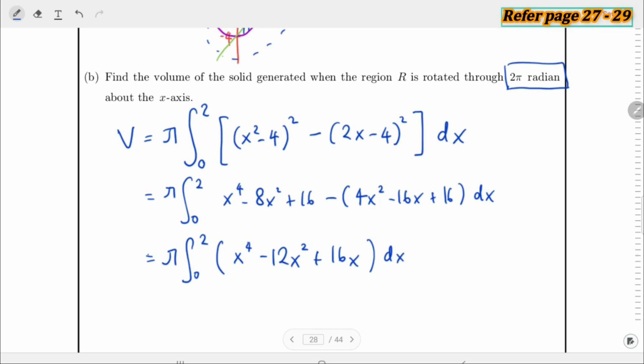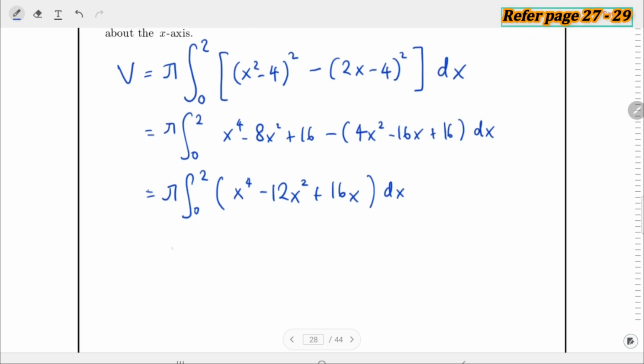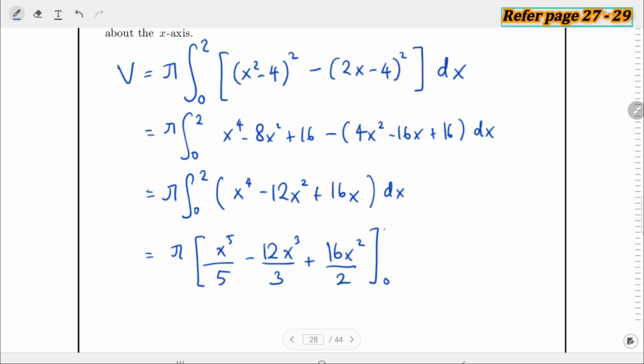Okay, so now we are going to integrate all of these terms. Pi times x to the power of 5 divided by 5, minus 12x to the power of 3 divided by 3, plus 16x squared over 2, from 0 to 2.